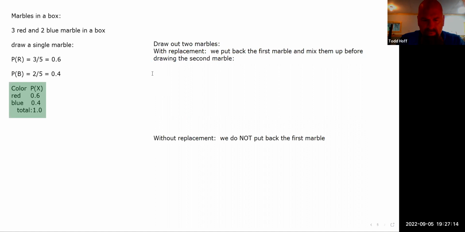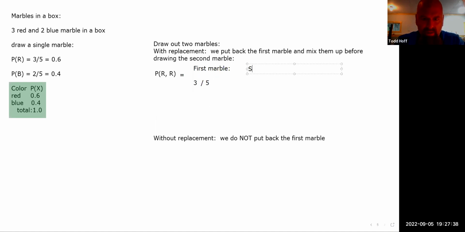So with replacement, what's the probability of drawing a red marble followed by another red marble? Well, for the first marble, there are 3 red marbles out of 5.